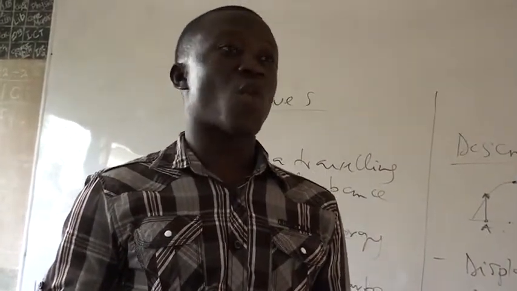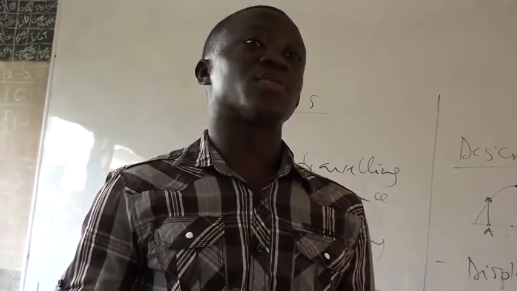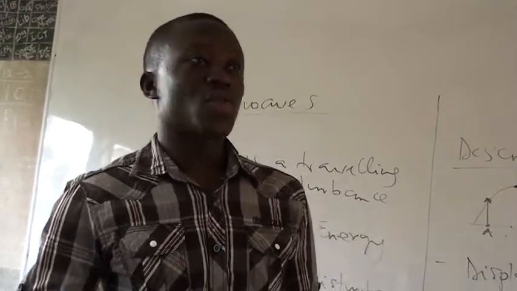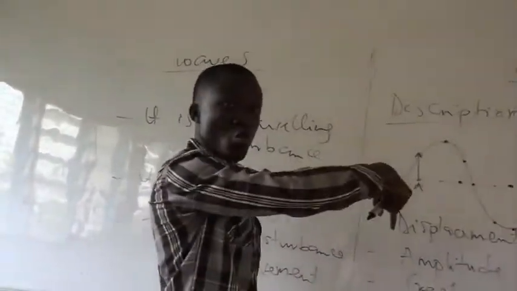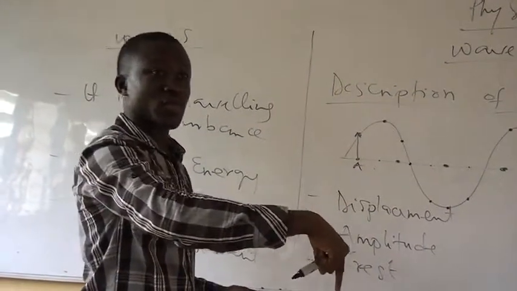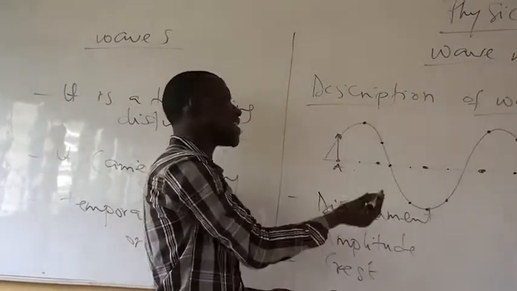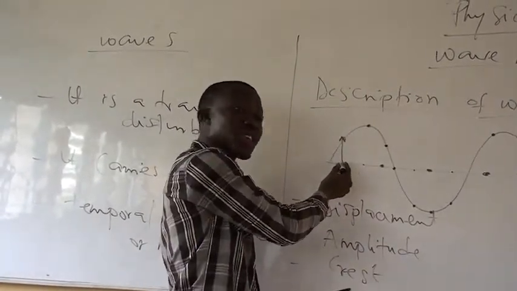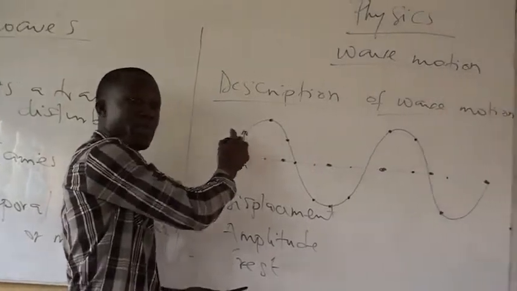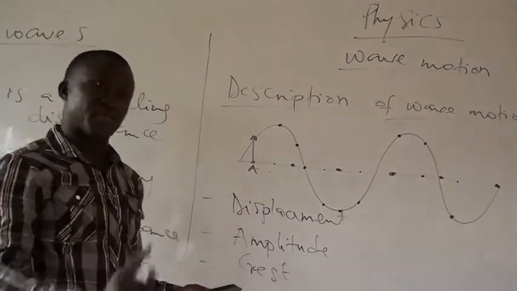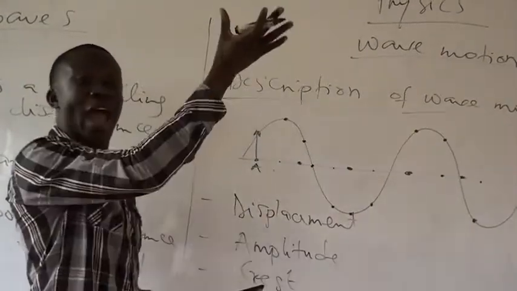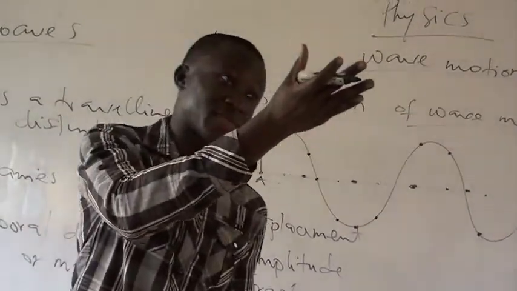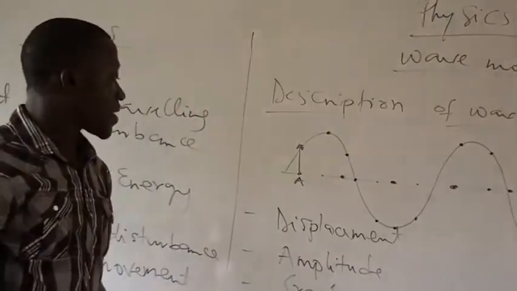It's important to understand that whenever you are talking about the displacement, it is not to the equilibrium position. It is always from. It begins from the equilibrium position to wherever the particle is. So there is a specified direction. Is that clear? So that's the displacement.